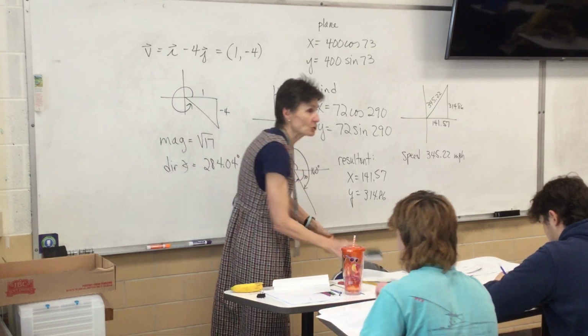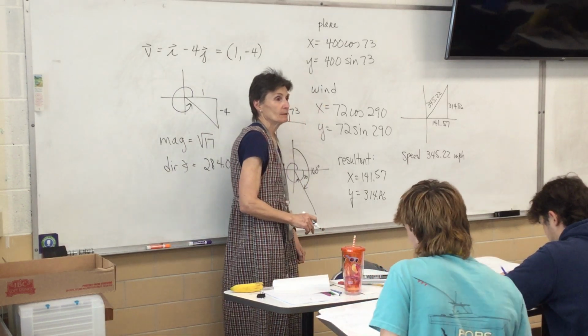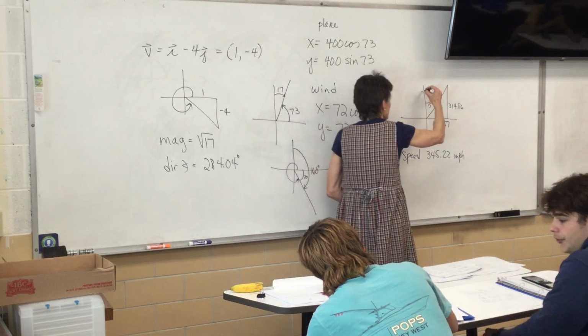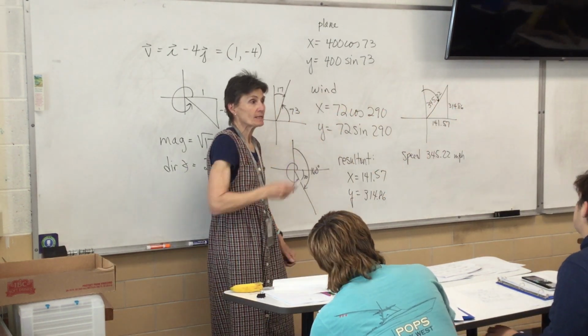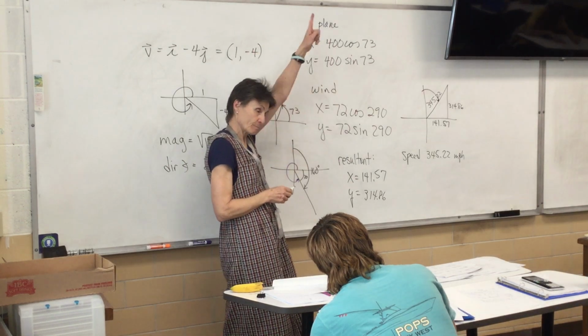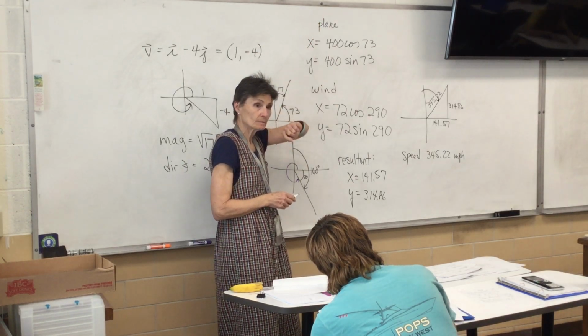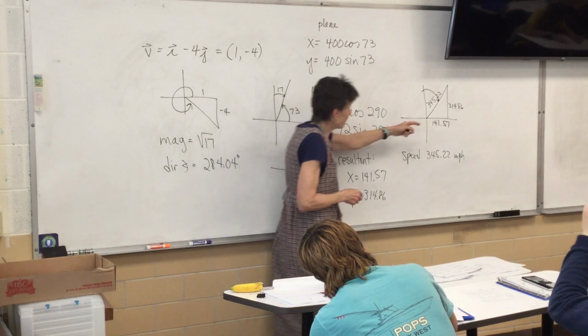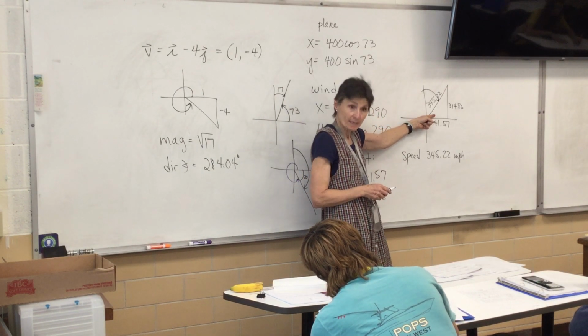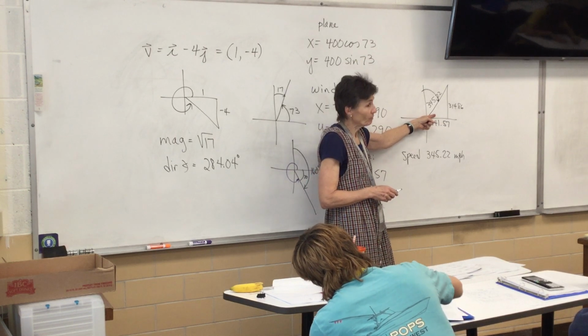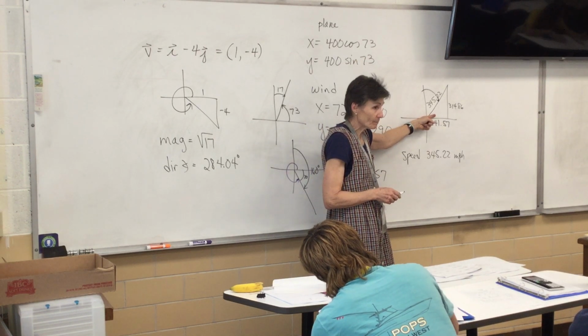Now, what is his actual direction? Well, this would be his direction, because direction is measured from due north. So I'll find this one, subtract it from 90, and that will be my direction.